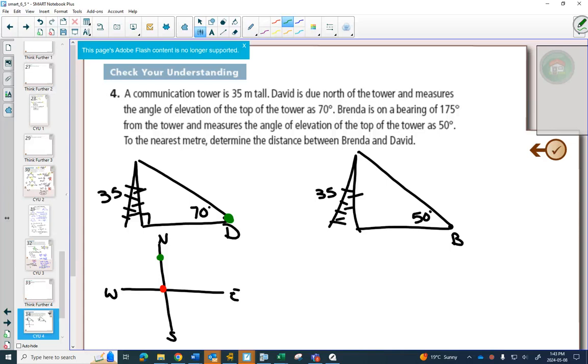And I gave Brenda a blue hat so I could see where Brenda is from the airplane. And she's at a bearing of 175 degrees. So 175 degrees means you go from north and measure, right? This angle here would be 175 degrees. And there's Brenda.